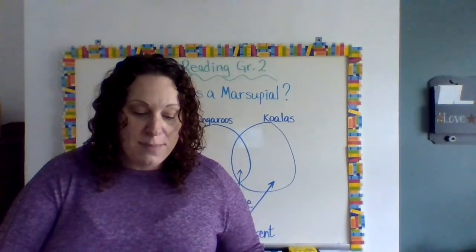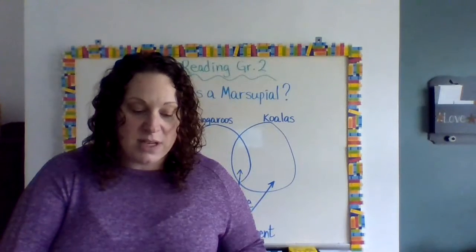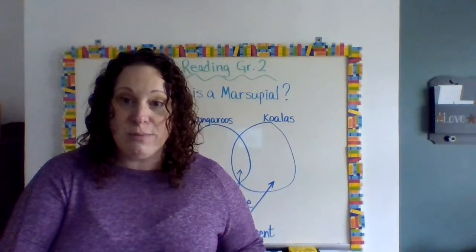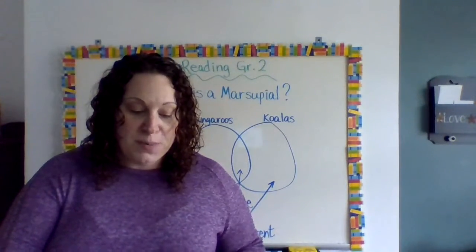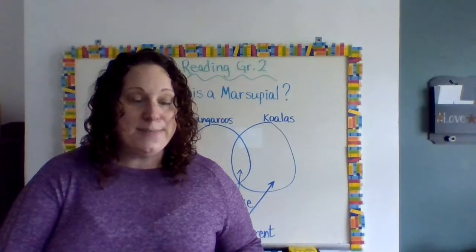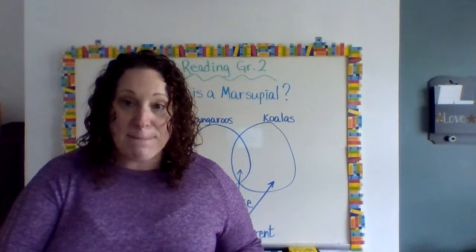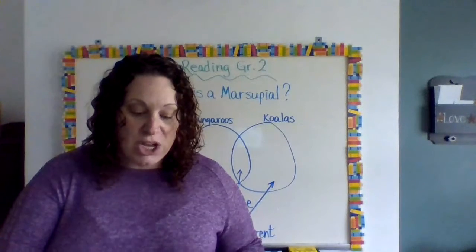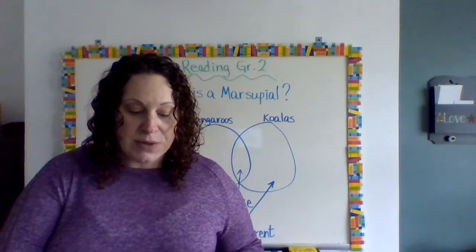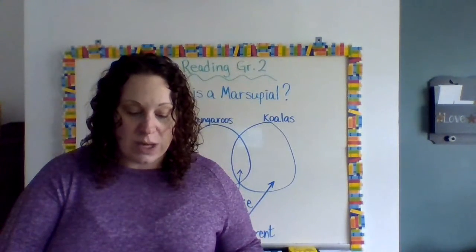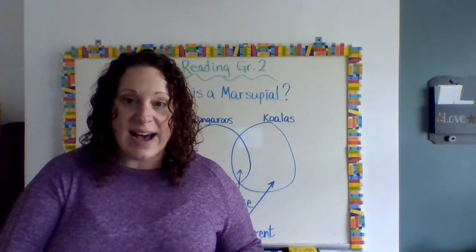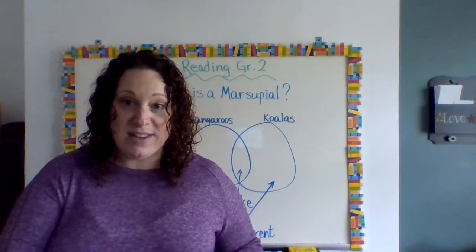The mother has a pouch where her baby lives when it is first born. A marsupial baby eats, sleeps, and travels in its mother's pouch. 2 kinds of marsupials are kangaroos and koalas. They both have these special pouches.